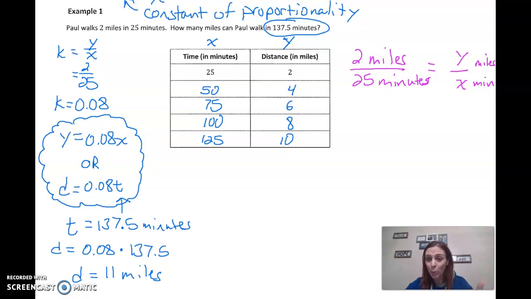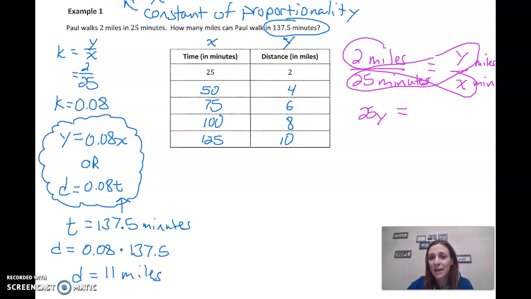I'm going to set up this proportion, this ratio, and then we can just use cross products to solve. Here's what I mean. If I go 25 times y, remember for cross products, that has to equal 2 times x. Here's the kicker. Always solve for y. We're always solving for our dependent variable.